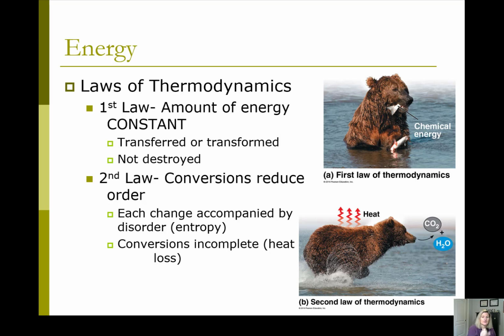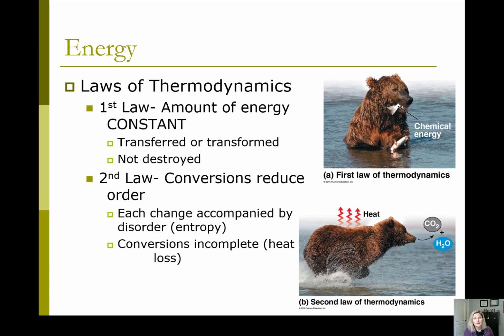So instead of 100 units of chemical energy being converted into 100 units of cellular energy, which would be 100% efficient, due to the second law of thermodynamics, each transformation that occurs is going to be accompanied by entropy or disorder. So that means that it's going to be an incomplete transfer. The rest of that energy is going to be lost, usually as heat energy, which you can't use.